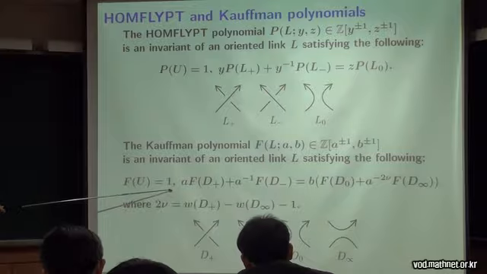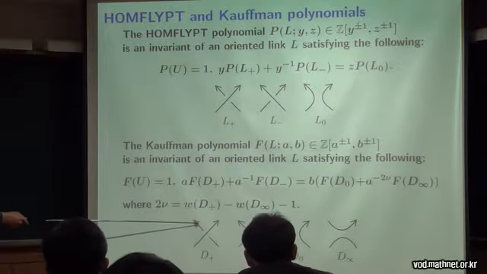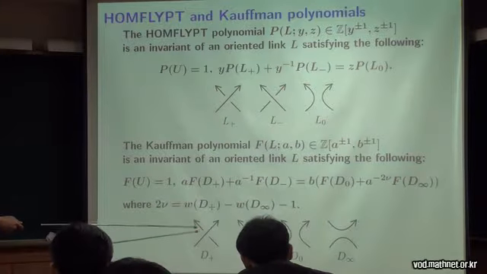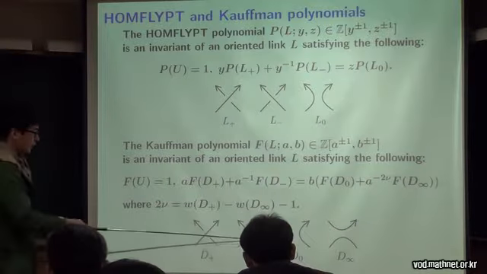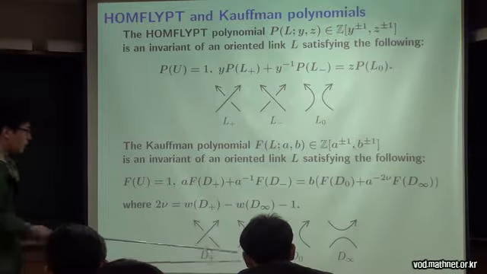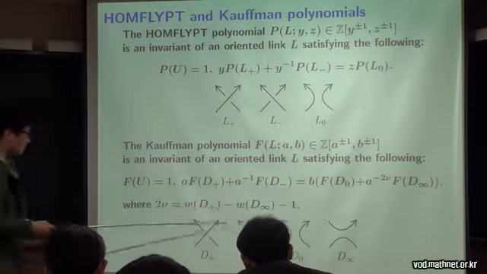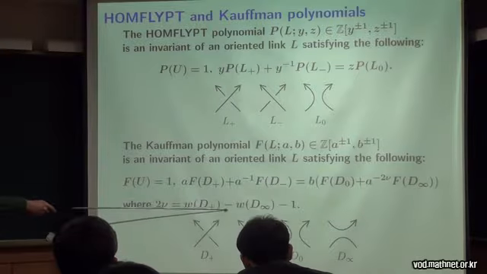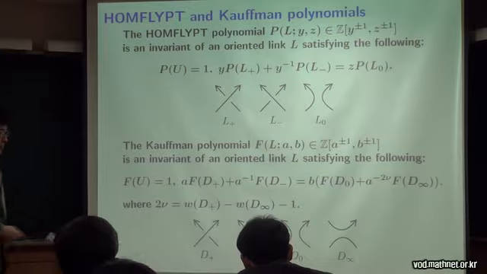Here, a skein quadruple is four oriented link diagrams which are identical except these parts. And here 2 times nu is equal to the writhe of D plus minus the writhe of D infinity minus 1. Okay.